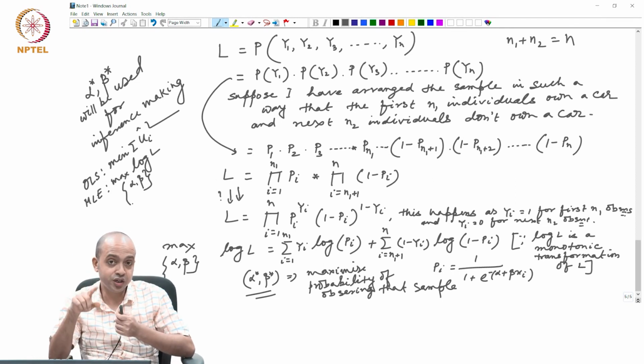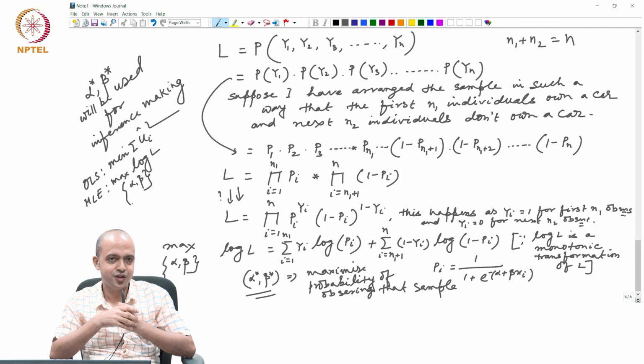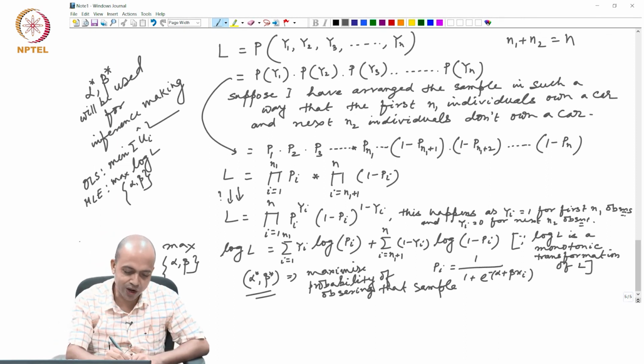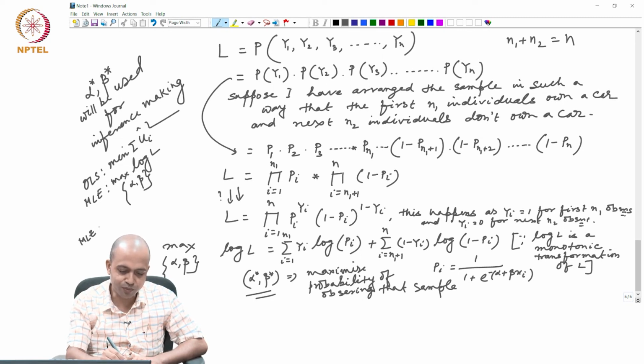That means they are efficient in large samples, and they follow the normal distribution, that is also asymptotically. That means the MLE method should be applied in large samples only.